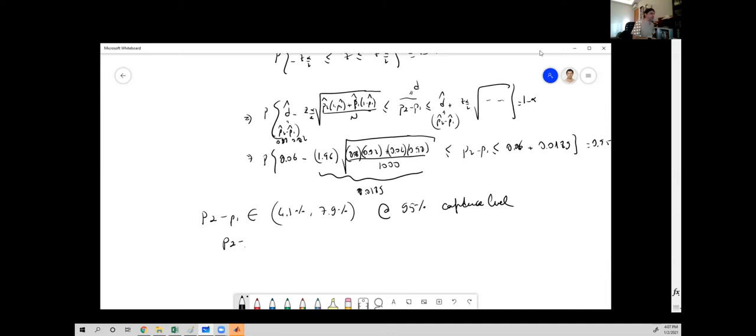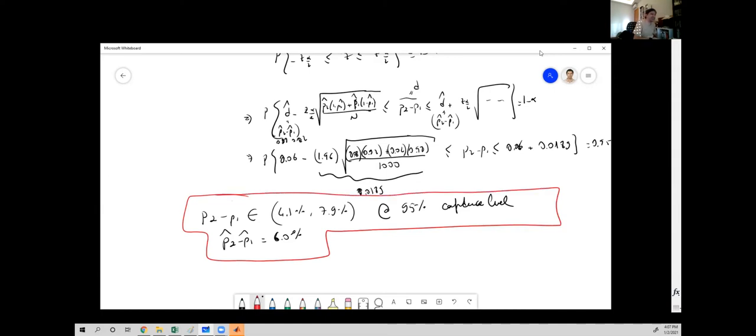And the point estimate here of the difference between the probabilities of having been infected is 6%. Please note that this is not the metric that we use, not the measure that we use. The reason is very simple. If you think about it, a 6% decrease in being infected with the disease does not mean much.